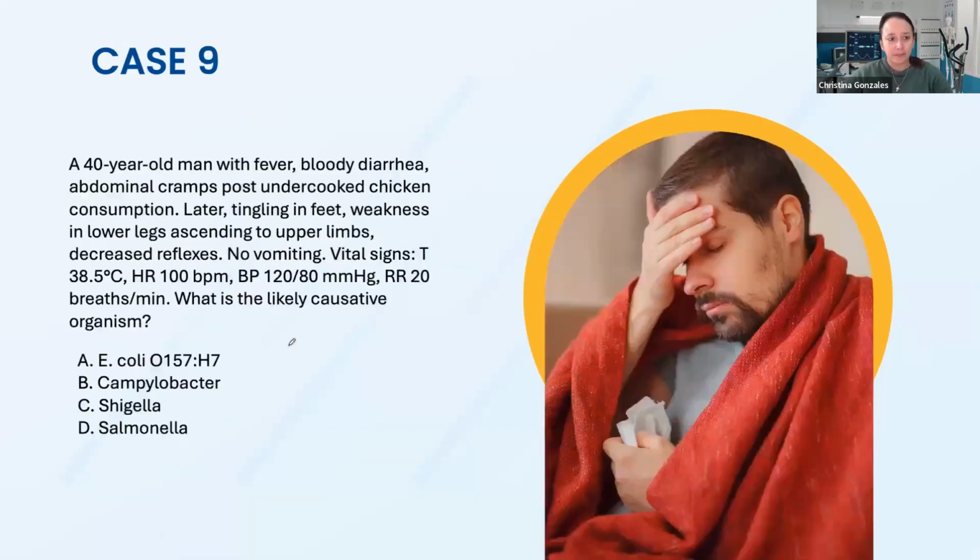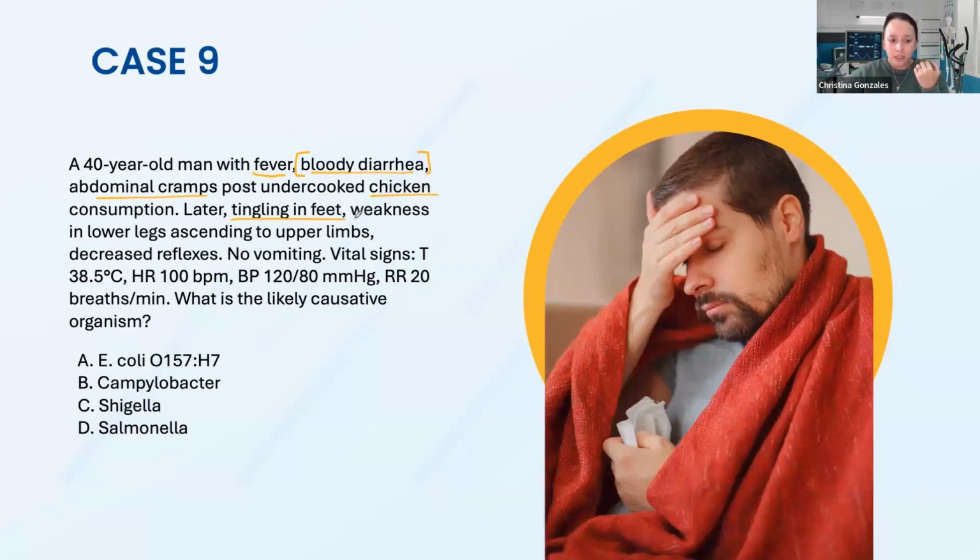All right. Case 9. 40-year-old man, fever, and bloody diarrhea, abdominal cramping. So still a little non-specific, but we know it's one of the inflammatory type diarrheas because we have bloody diarrhea. They ate some undercooked chicken, so I'm thinking, which of my pathogens can be from undercooked chicken? Okay, let's keep reading.